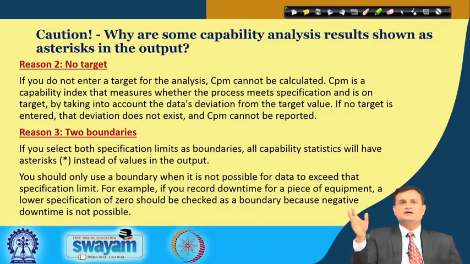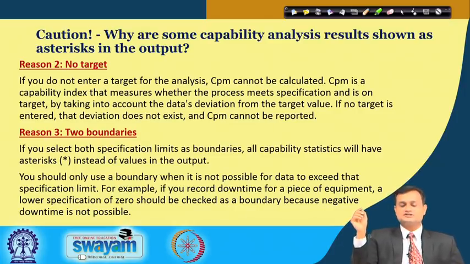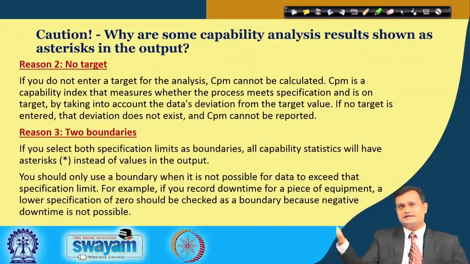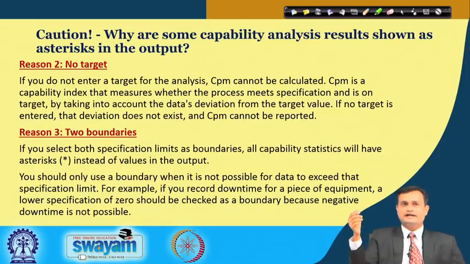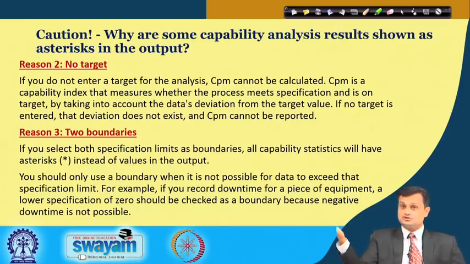So, here you are creating the boundaries, selecting the boundaries as the specification limit, and you should only use a boundary when it is not possible for data to exceed that specification limit. Just to share an example, if you record downtime for a piece of equipment, a lower specification of 0 should be checked as a boundary because negative downtime is not possible.